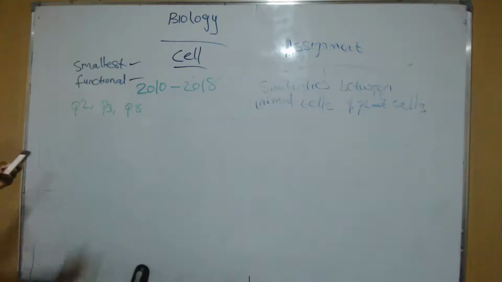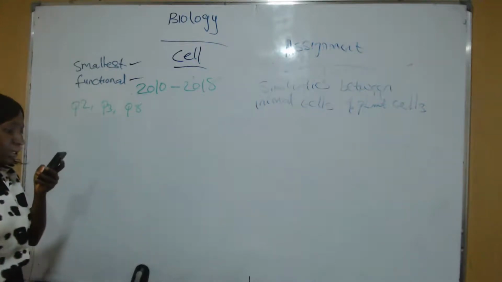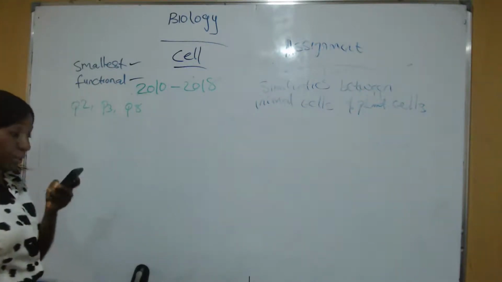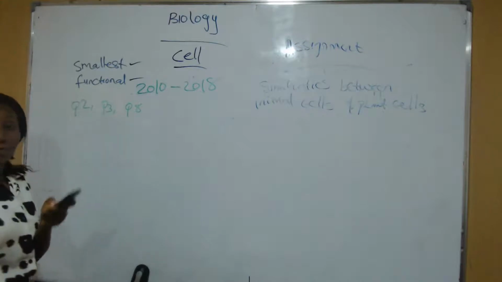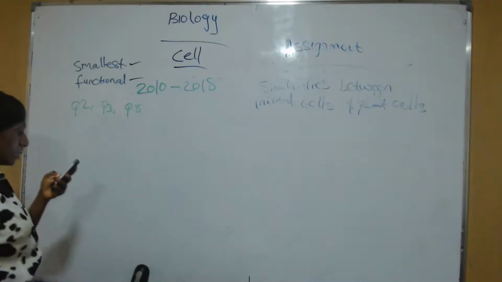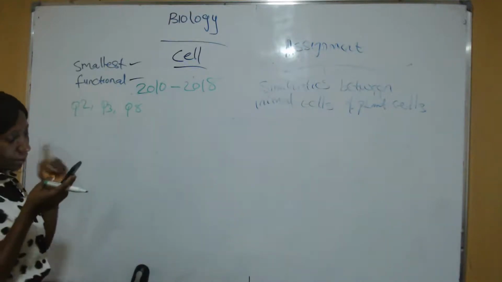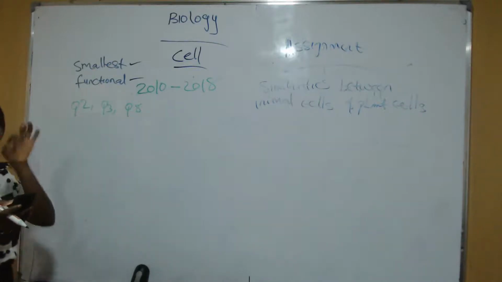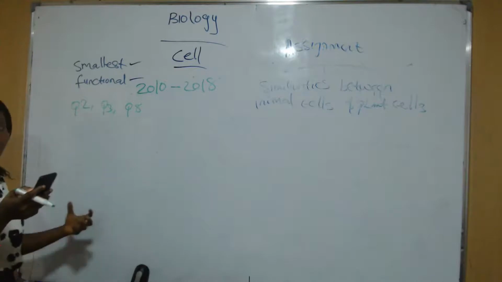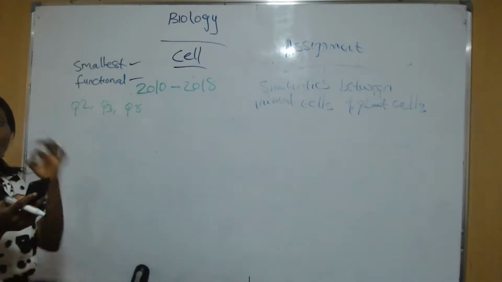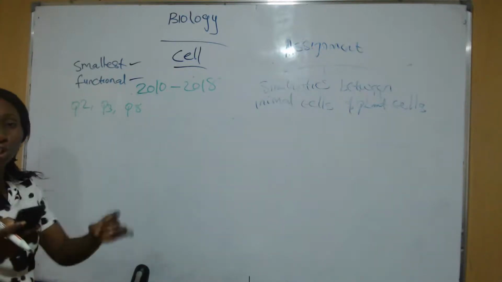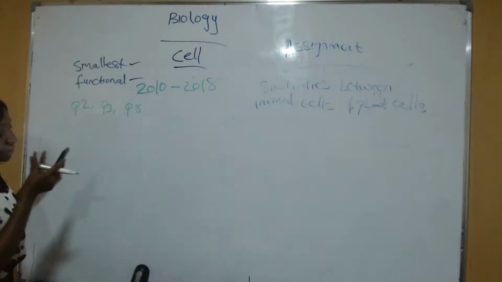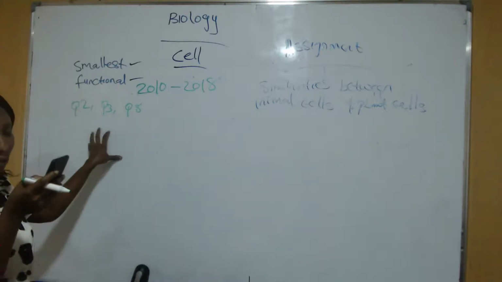Question number 3 says, which of the following is not a function of the nucleus of a cell? Note it, not. So, of the options, we look for the one that is not a function of the nucleus. A, it controls the life process of the cell.